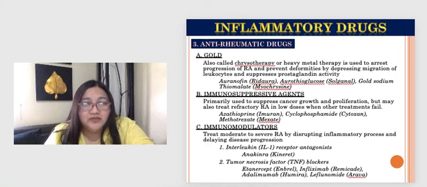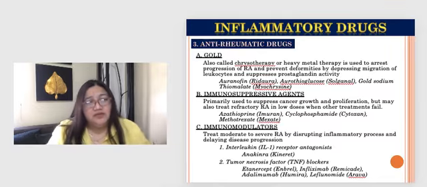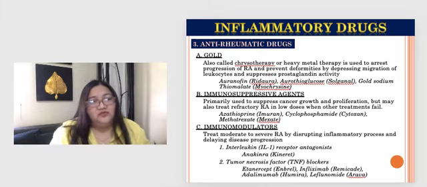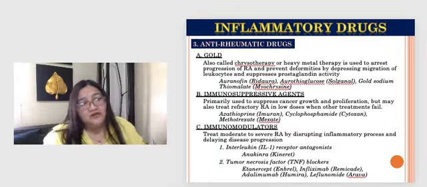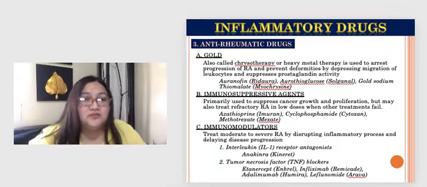Sa lahat ng gamot na nandiyan, auranofin lang yung oral. Si gold sodium thiomalate, tsaka yung aurothioglucose, sila ay parehong injection. Again, yung injection may take 2 months to be effective. Yung oral, mas matagal, in 3 to 6 months.